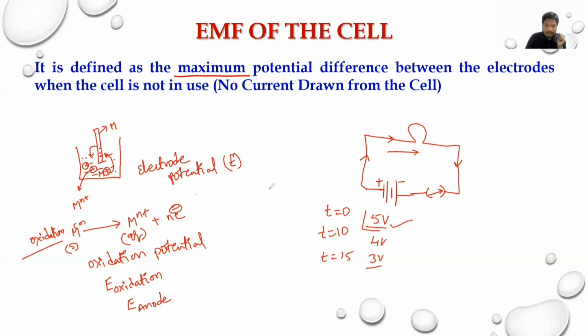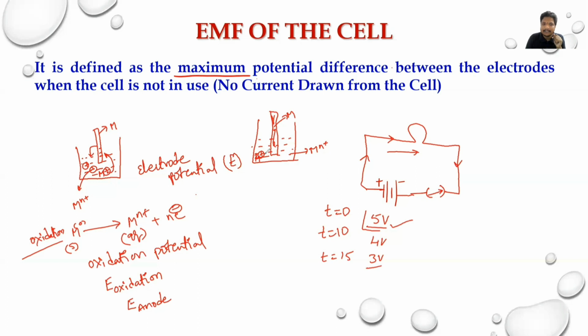Now let us assume another beaker containing a metal ion solution. Here a metal rod is dipped in a metal ion solution. This is our metal ion and this is the metal ion solution. In this case, the metal ions will try to deposit on the surface of the metal.